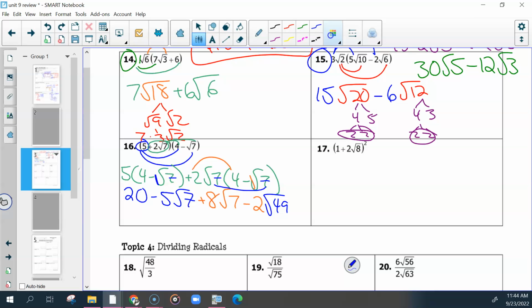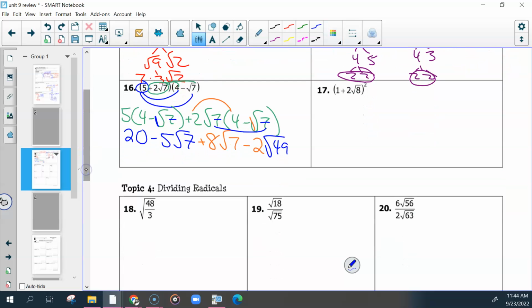Okay, so we rewrote this. Did that part make sense? Okay, so we're taking the first term, multiplying it to the second set of parentheses. We're just rewriting it. And then taking this term and multiplying it to those same parentheses. We just rewrote it. That's all we did in that step. Okay. When we multiply this, did that make sense? 5 times 4 is 20.